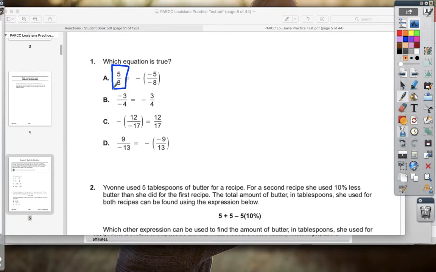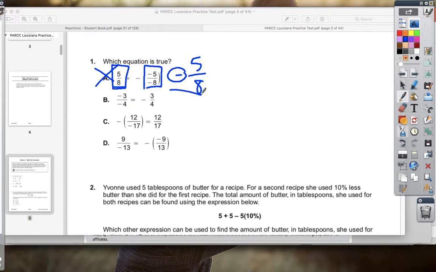So I know that the negative divided by a negative gives me a positive number. So I'm going to rewrite that. But then notice that last little negative makes this one a not true answer because a positive does not equal a negative.